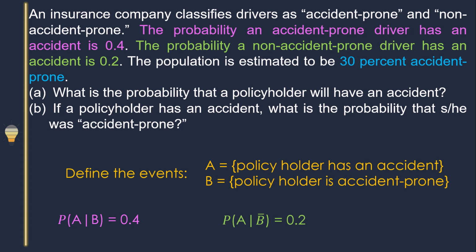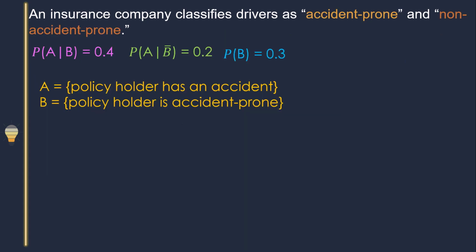The last one, the population is estimated to be 30% accident prone. That means probability of B is 0.3. Right. Now let me explain this using a Venn diagram.